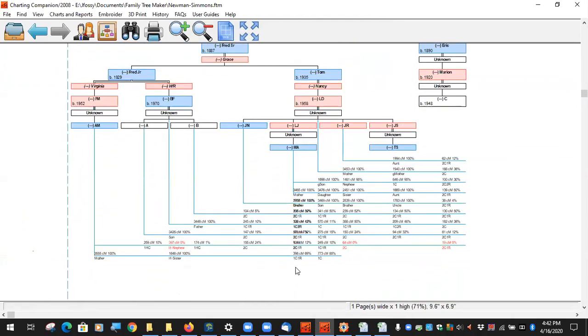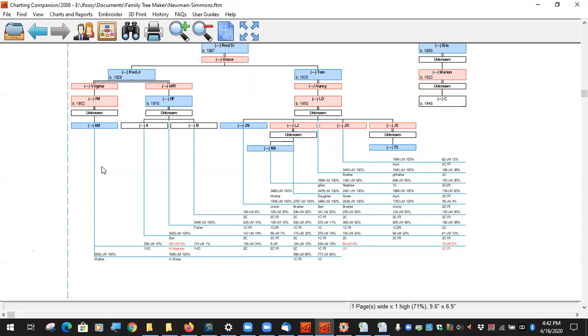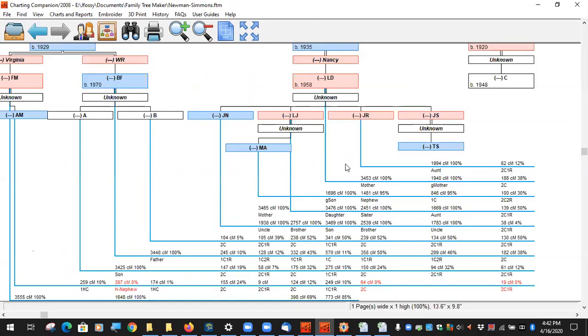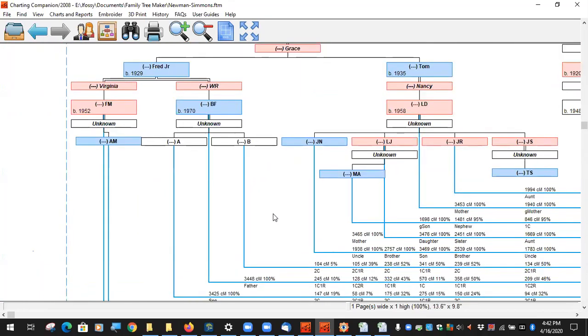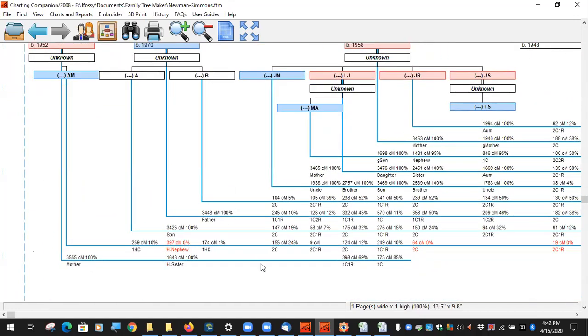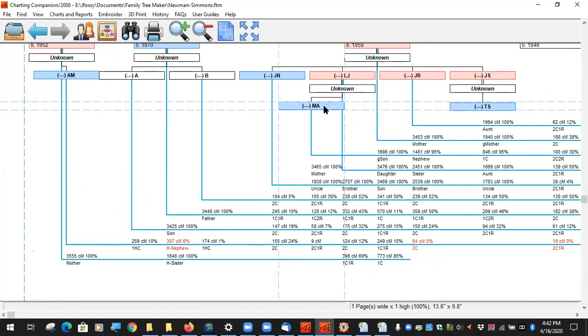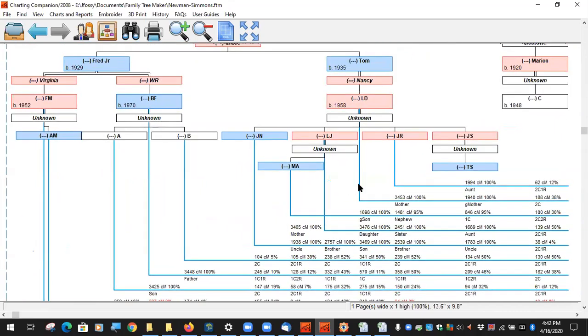Now you'll see some data here is overlapped, because when a parent and child have tested, that's going to happen, but you can just click on one and slide it over, and then that data will move so you can read everything.